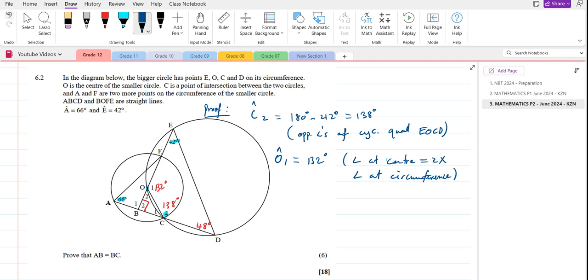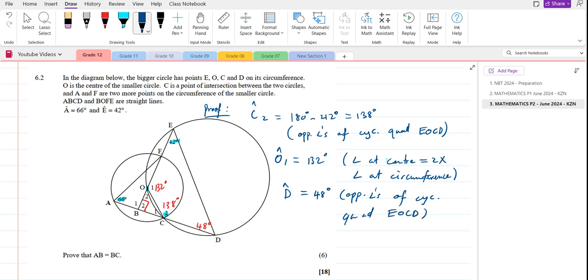And then we said angle D is 48. We don't have to say 180 minus 132. You can see it's opposite angles of cyclic quad as well, O1 and D. Angle D is 48. Opposite angles of cyclic quad, same cyclic quad, EOCD.